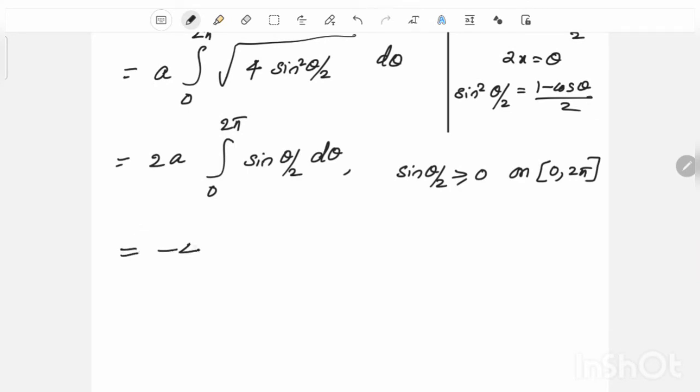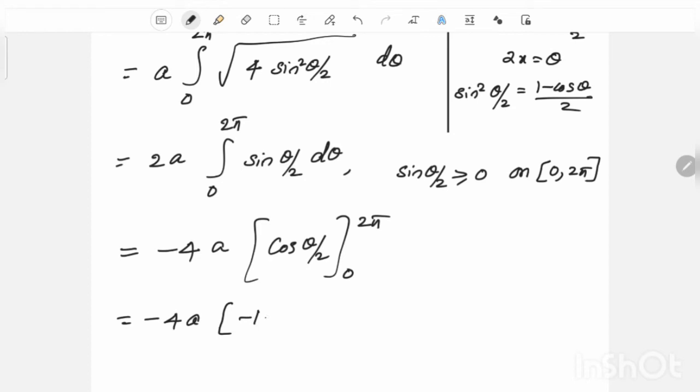Therefore, this becomes minus 4a cos theta by 2 from 0 to 2 pi, and that is equal to minus 4a (cos 2 pi by 2, that is cos pi, which is minus 1, minus cos 0, which is 1). So this is equal to 8a.